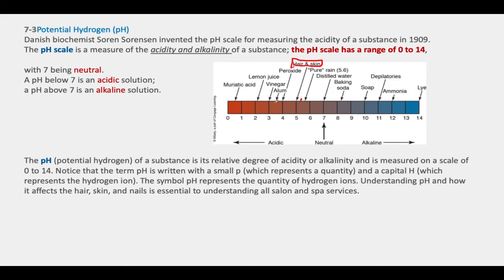How acidic or how alkaline the environment is measured by pH. With 7 being neutral, a pH below 7 is acidic, and a pH above 7 is an alkaline solution.